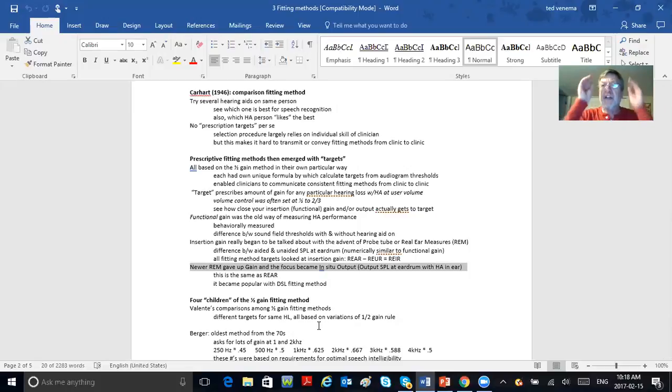Output is the king of the castle. Always remember the formula. Input plus gain is output. Always remember that, okay, with hearing aids and with fitting methods and with real ear. Input plus the gain or the muscle of the hearing aid equals the sum total output that's smashing against your eardrum.